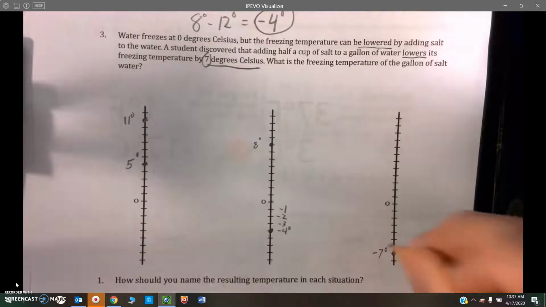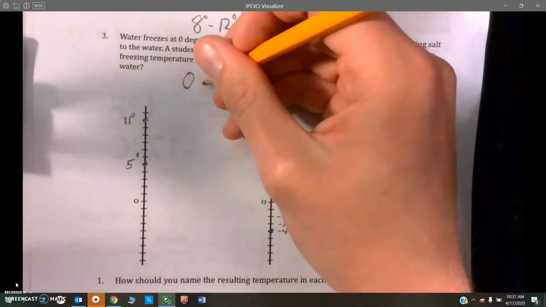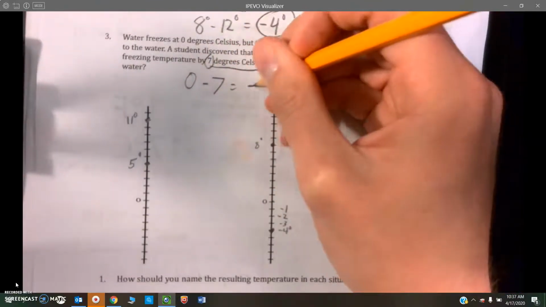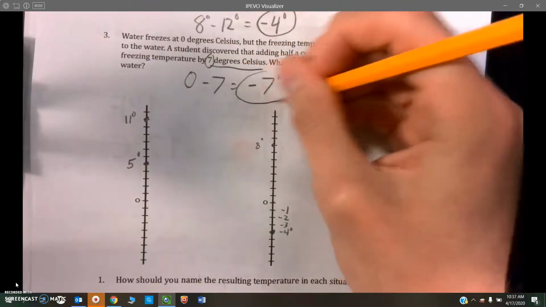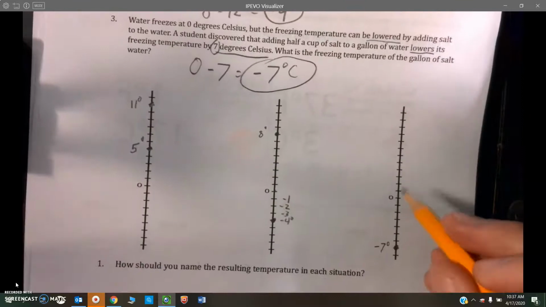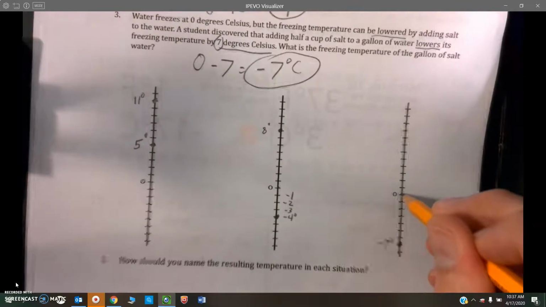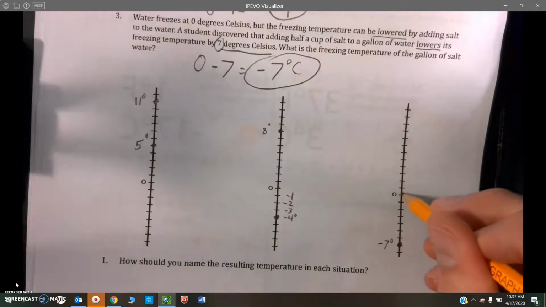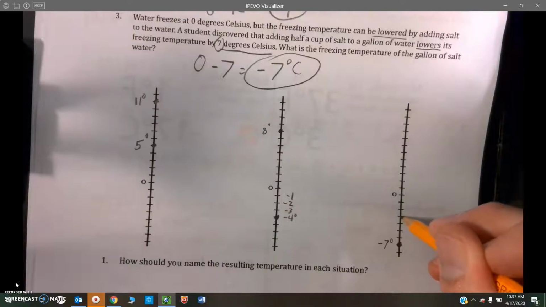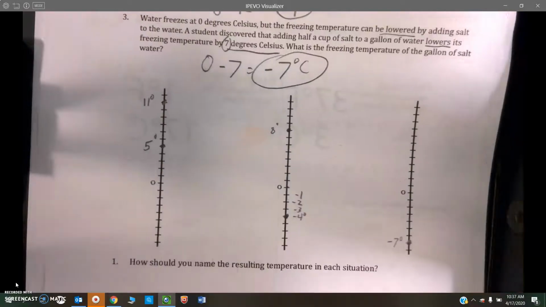And that would be -7 degrees. So 0 minus 7 is -7. So once again, when we go past 0 in the negatives, we count just like we do going up: -1, 1 less than 0, -2, -3, -4, -5, -6, -7.